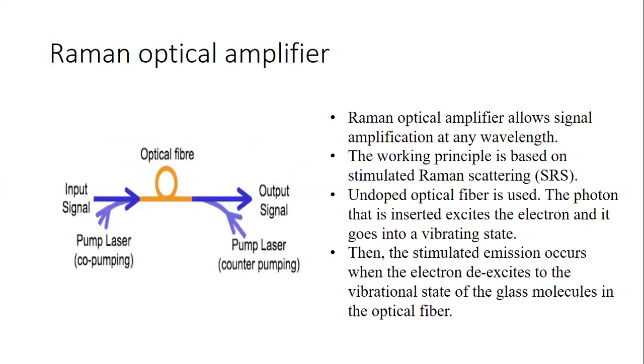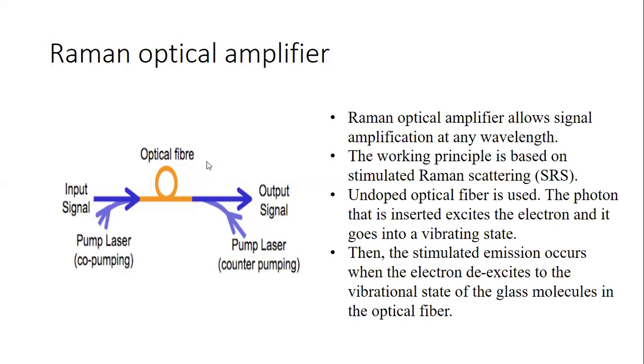This is the basic diagram representing the Raman optical fiber. Here you can see the optical fiber, and there is no doping in this fiber, whereas in the case of EDFA we doped the optical fiber using erbium ions. Here the optical fiber is not doped.